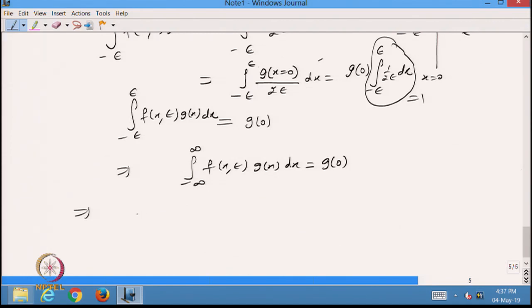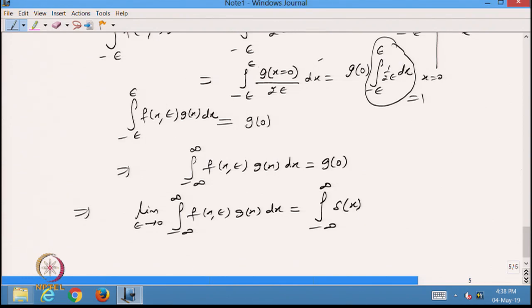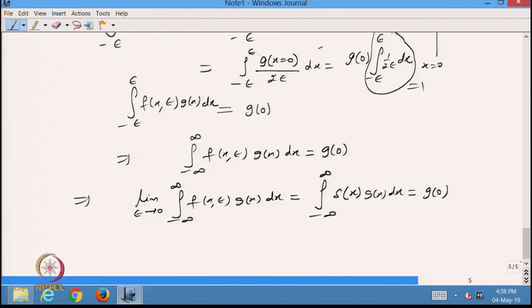I also know that if I put the limit epsilon tends to 0 for this integral, that becomes the Dirac delta function, that is δ(x) g(x) dx, and this value is again equal to g(0), because I have defined the Dirac delta function at 0.